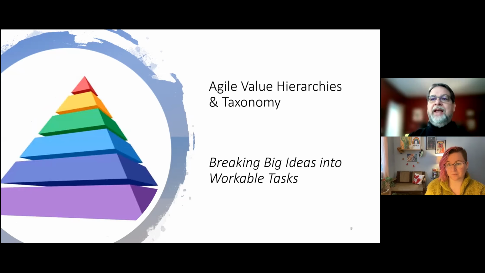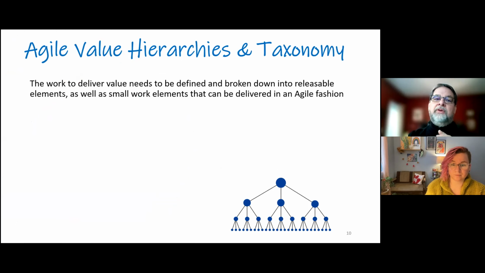You start with a big idea and you need to break it down into doable tasks that you can focus on and deliver in Agile in a short period of time, so you can get the learning from that as soon as possible. So breaking it down into what we call releasable or consumable elements, and then the tasks that support that is what we're going to be focusing on here.